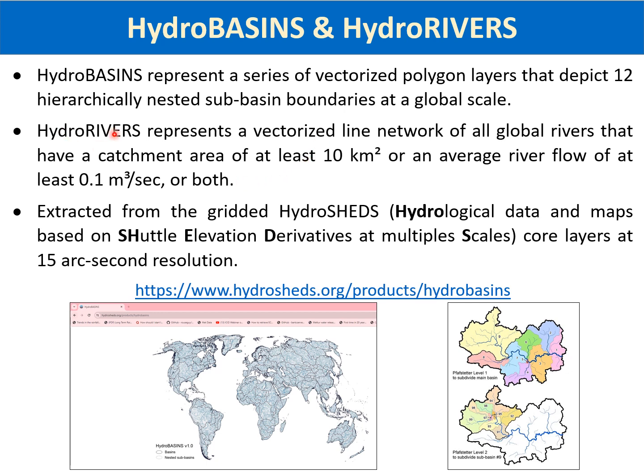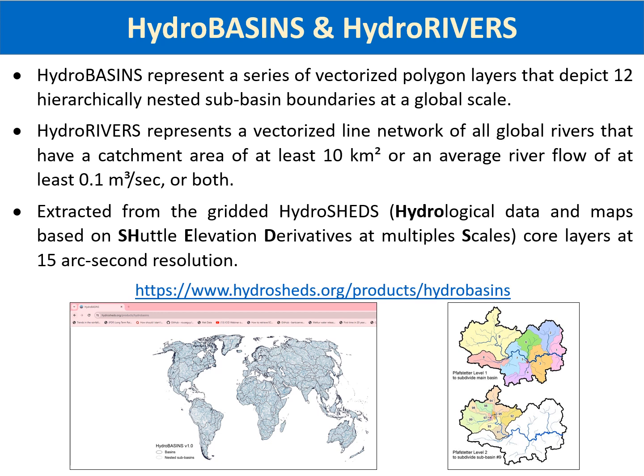In case of hydro rivers, they represent the network of all global rivers that have a catchment area of at least 10 square kilometers, or an average river flow of at least 0.1 cubic meters per second, or both. You can go to the hydrosheds portal and look at the data products which are available. You can download both hydrobasins and hydro rivers datasets from the hydrosheds portal.